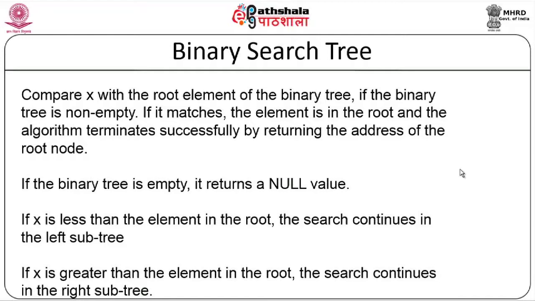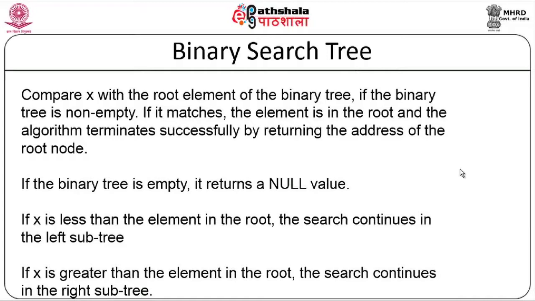That means there are no nodes present in that particular tree. Otherwise, we have some elements, and if x happens to be in the root, then we are going to return the address of the root node as the value of x. Otherwise, as we discussed earlier, we are going to traverse the left tree if x is less than what is present in the root node.